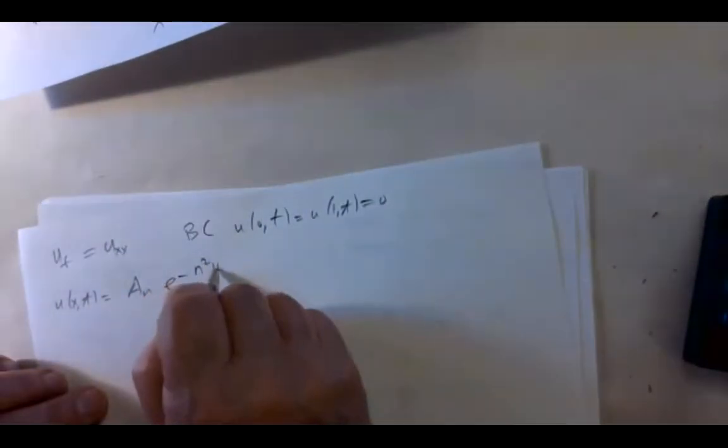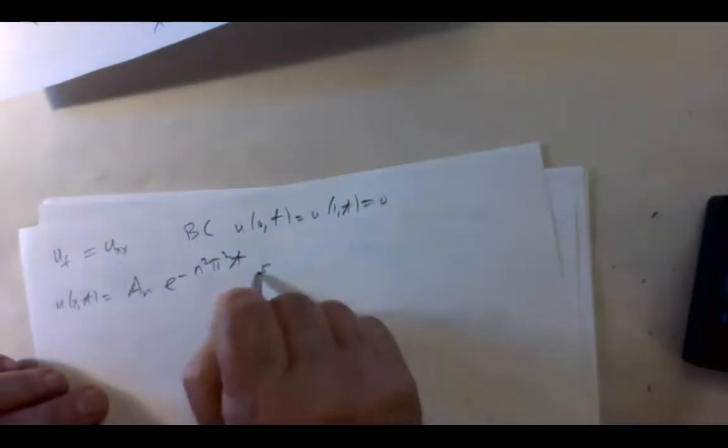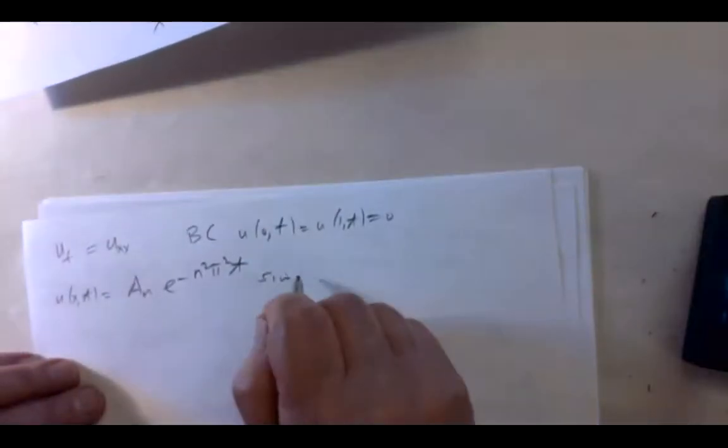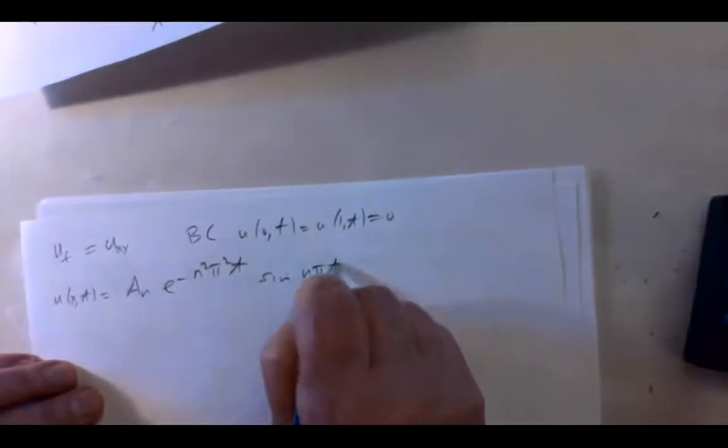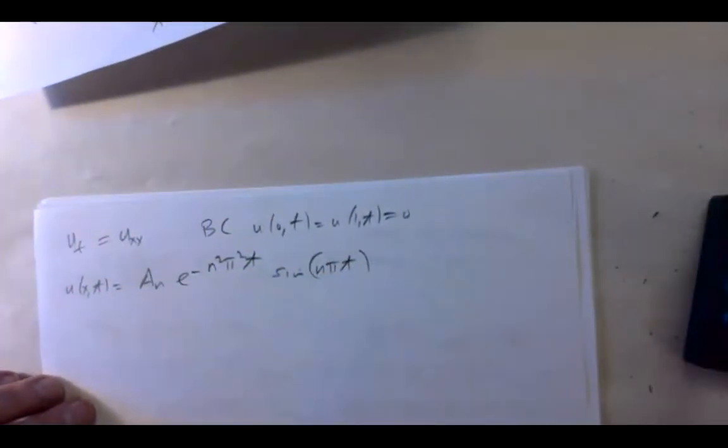Lambda is plus or minus n pi, so n squared pi squared t, times the sine of n pi x. Right.